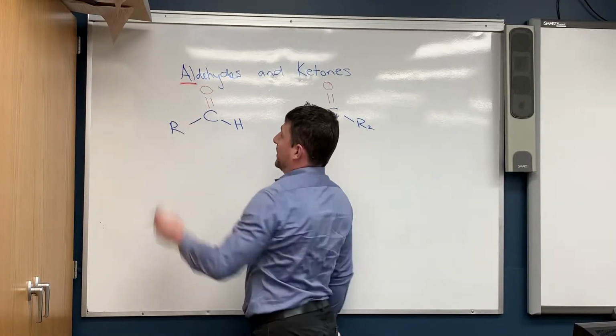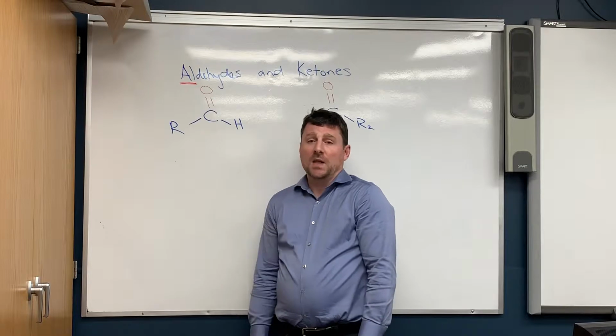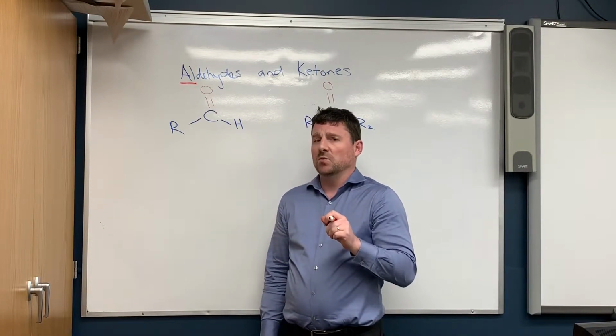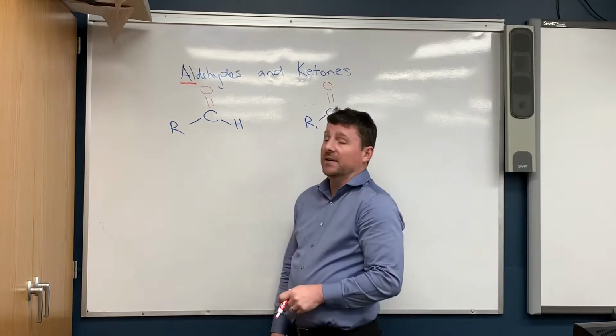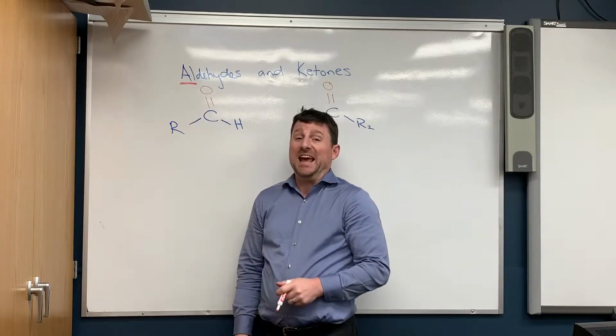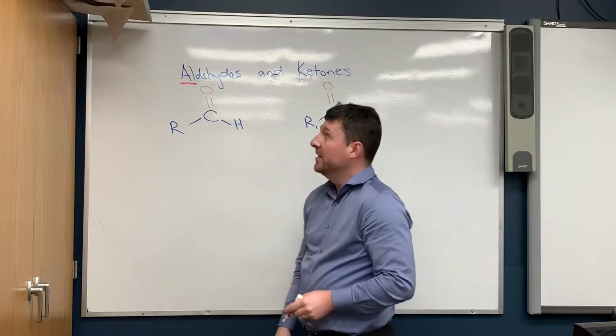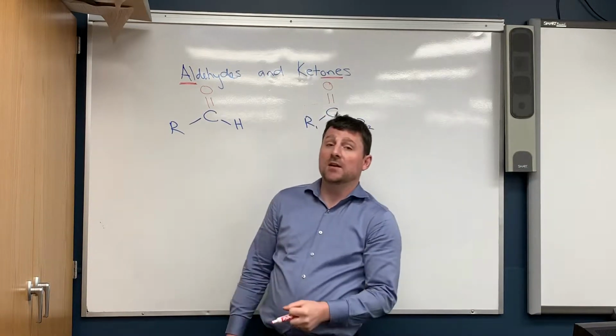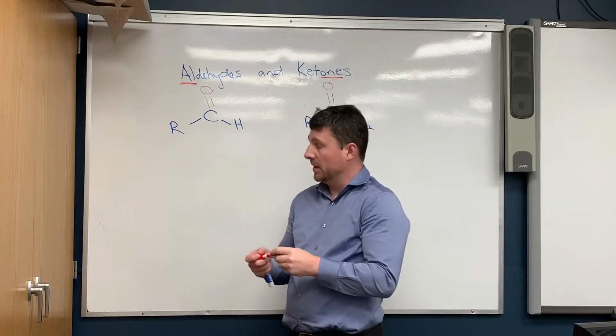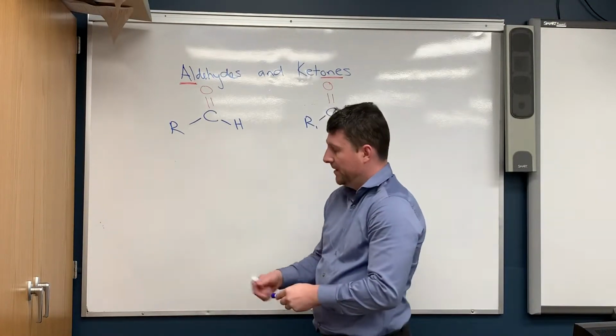So the suffix for an aldehyde is "al," not to be confused with "ol" for an alcohol. If it ends in the letters "al," then it's an aldehyde. And if it ends in the letters "one," then it's a ketone. So let's look at a couple examples.